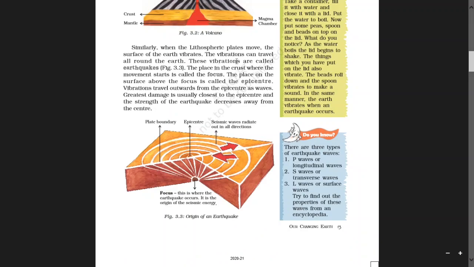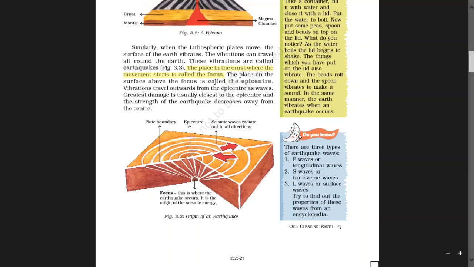The place in the crust where the movement starts is called the focus. Underline this one. What is focus? The place in the crust where the earthquake starts is called the focus.